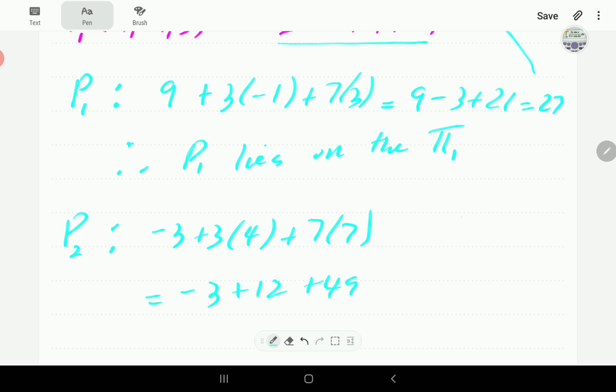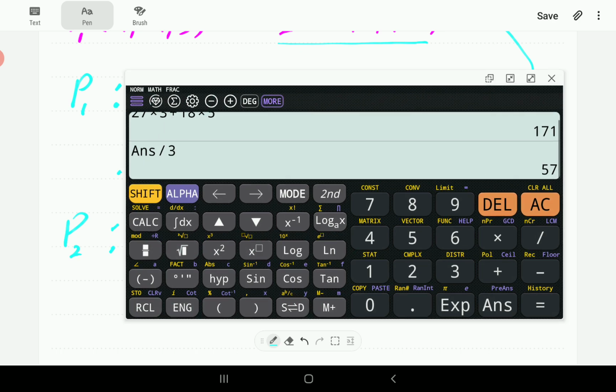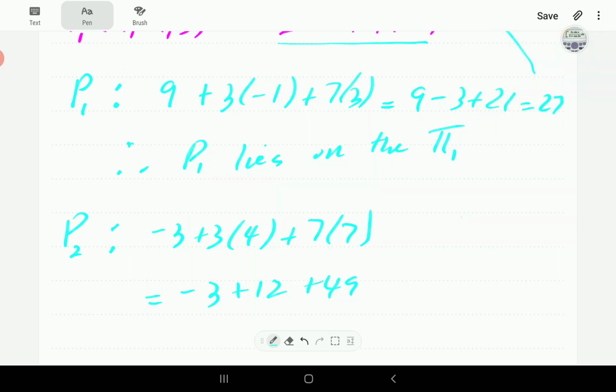Doesn't look like it's going to be 27. Minus 3 plus 12 plus 49 is 58, which is not equal to 27.